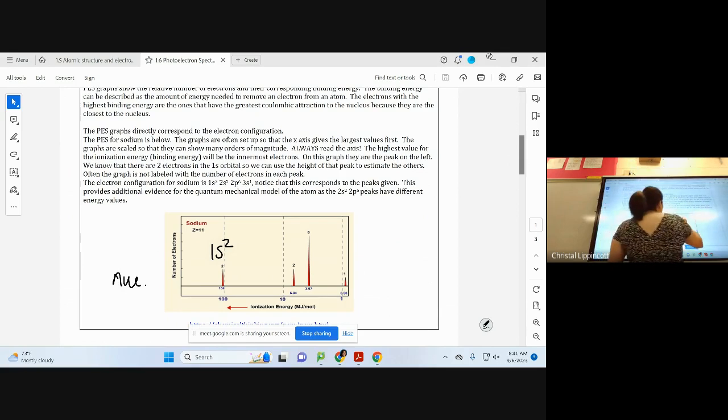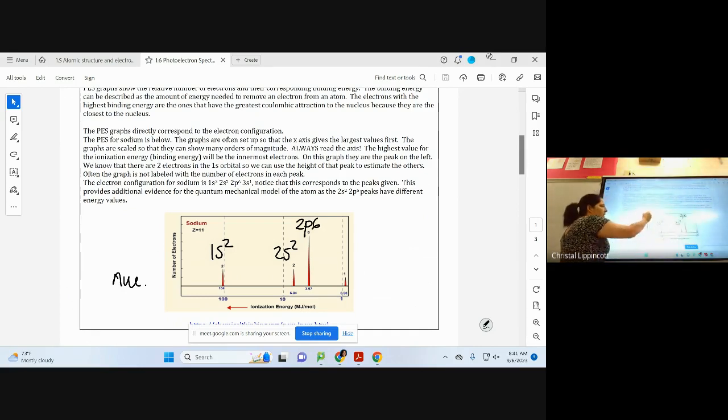So this is going to be 2s2. This then will be 2p, and I've got 6. You could count the number of electrons, that's on your y-axis. And then finally down here, this is 3s1. Go and find that electron configuration or count your electrons. 2, 4, 6. That's 10. 11. Number 11 is sodium.